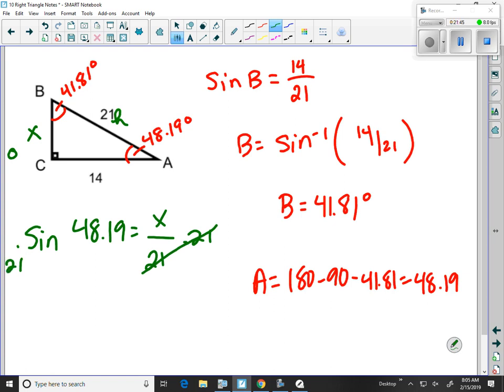Multiply by 21. Put it in your calculator. So that would be that side here.